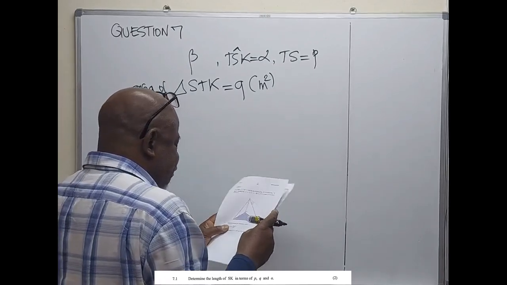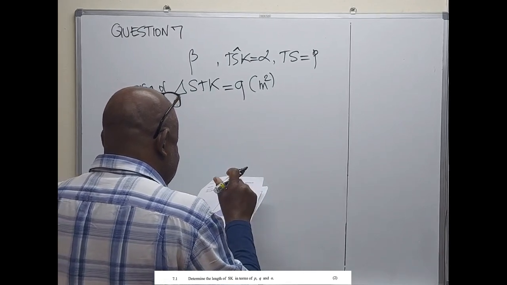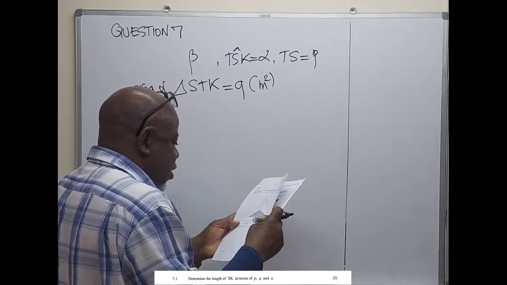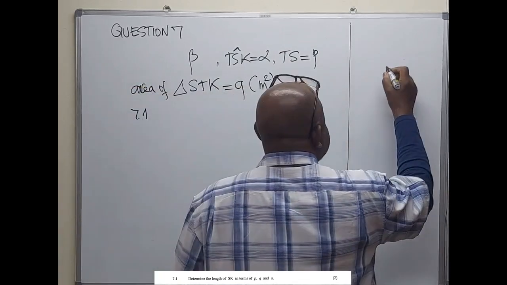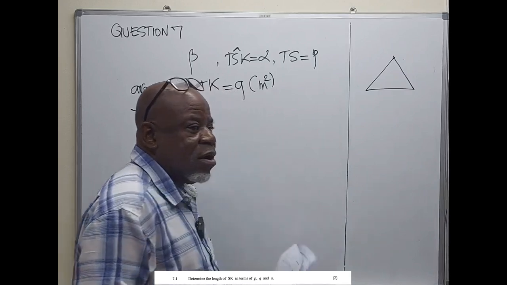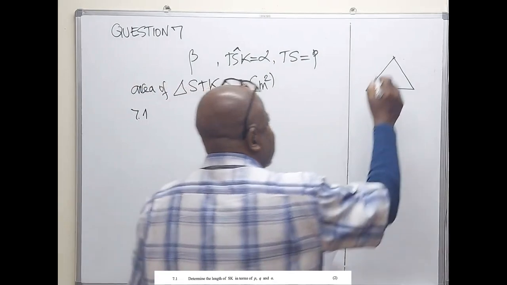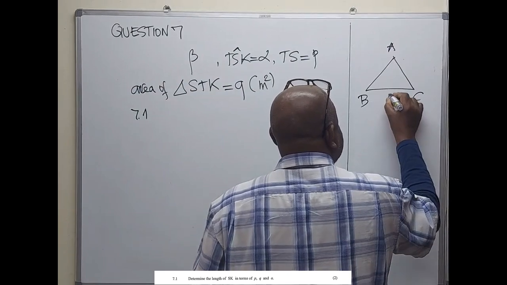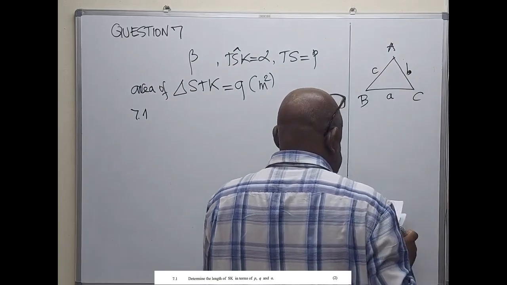Determine the length of SK in terms of P, Q, and alpha. So here I'm going to remind you something when dealing with the area of a triangle. In grade 11, we have talked about the area of a triangle. Let's consider a triangle ABC. This side will be a, the other side is b, and the other side is c.